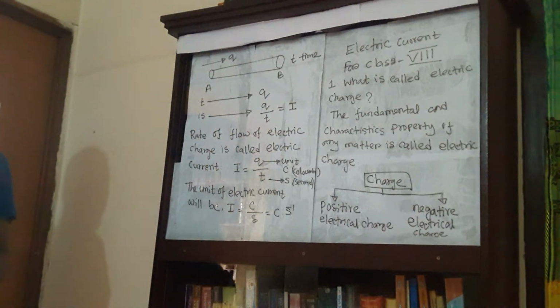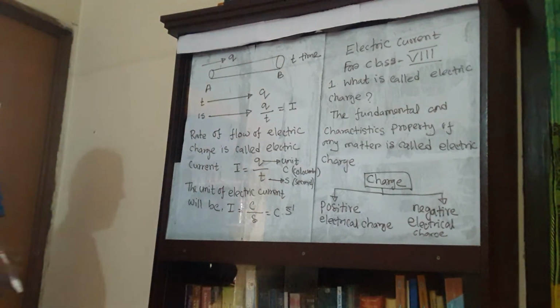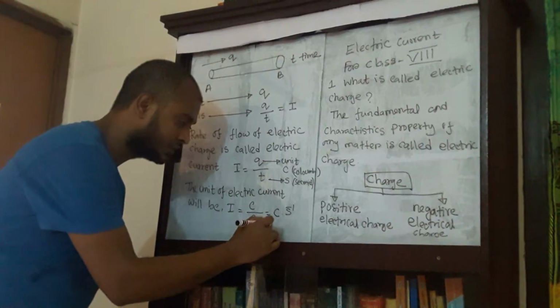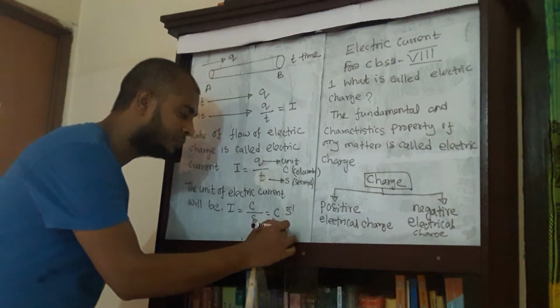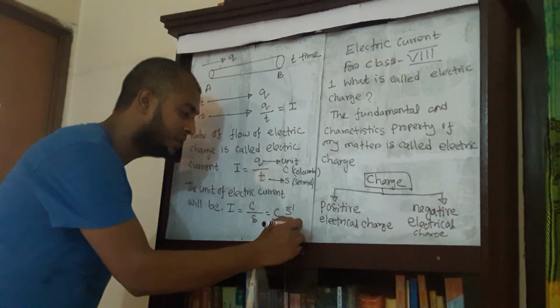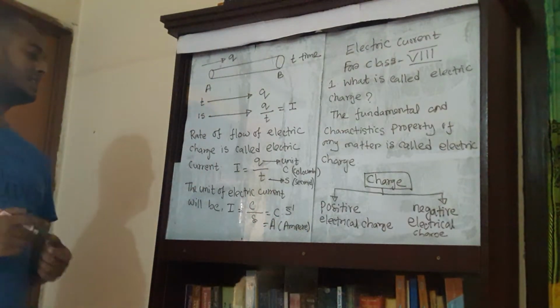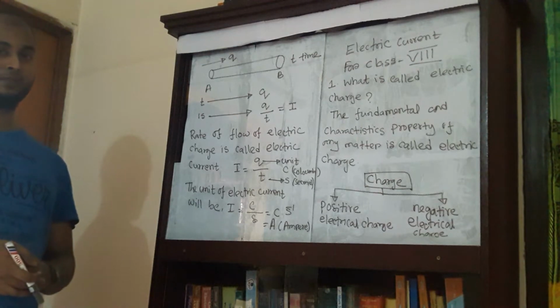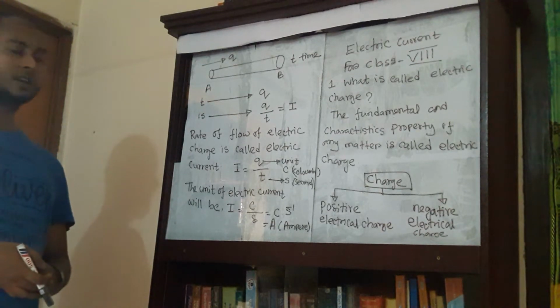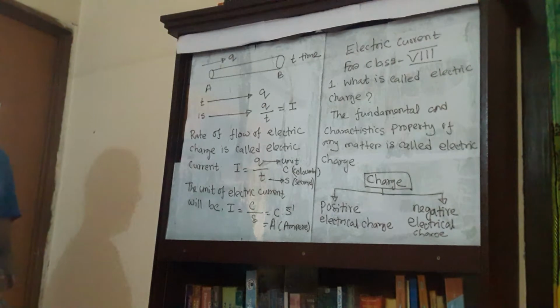In short, this coulomb per second is called ampere. So A is called ampere, A-M-P-E-R-E. Finally, I can say that ampere is the unit of electrical current.